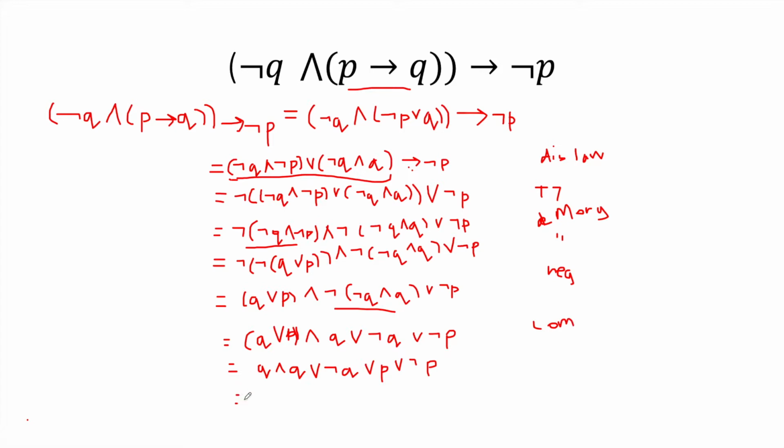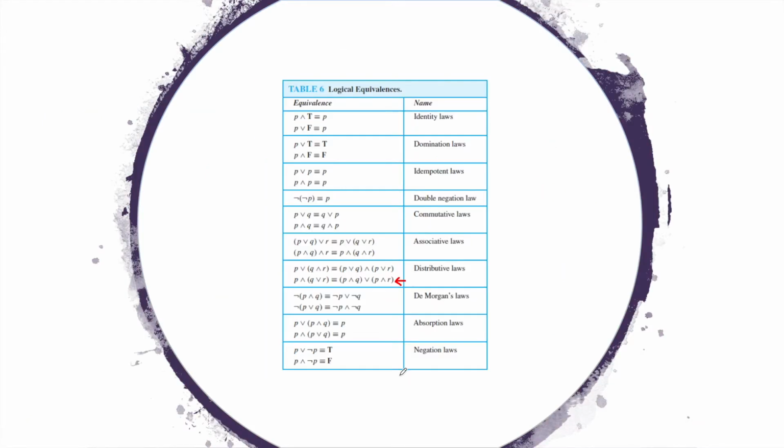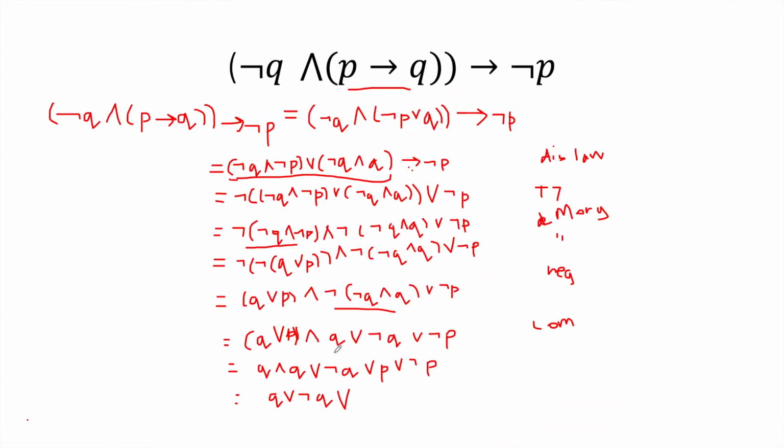Okay, and then here we are left with Q or negation Q, and this one is P or negation P. P or negation P will give you true, and this one will give you true, so true or true will give you true.